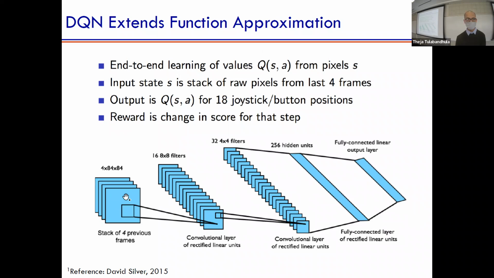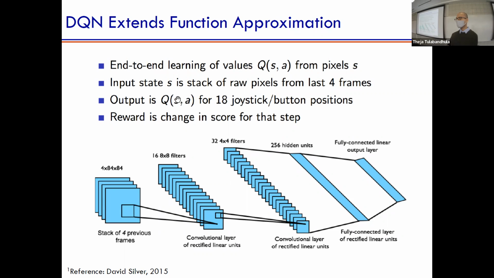So 4 by 84 by 84 is the size of the input tensor, and there are some specifications like 8 by 8 filters, 4 by 4 filters. Those are something we've seen before, and then a number of hidden units leading to the output layer. The output layer produces 18 scores. This corresponds to the expression I showed you, right? 18 scores because you get a state. Think of the state as these 4 images.